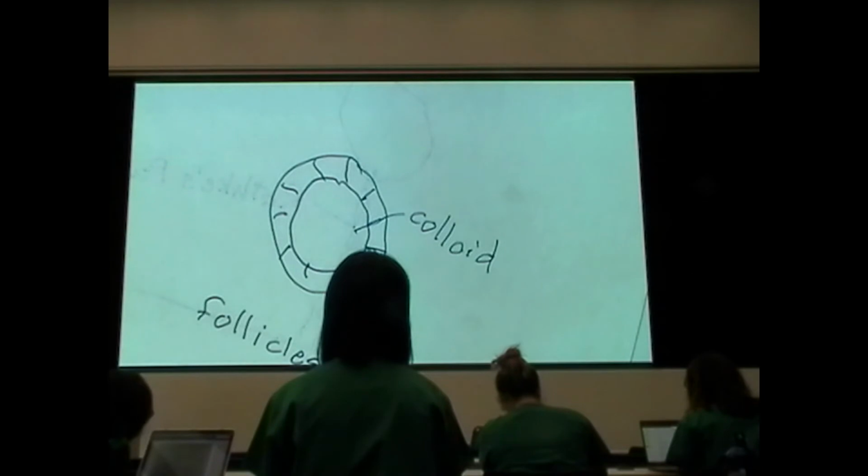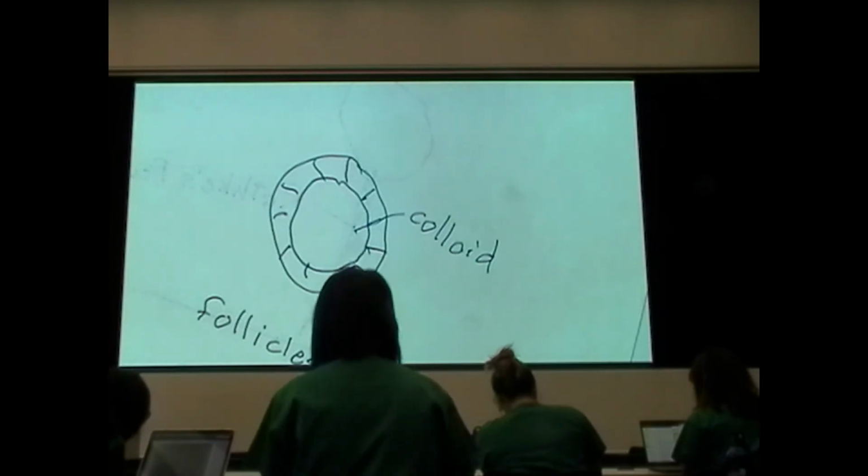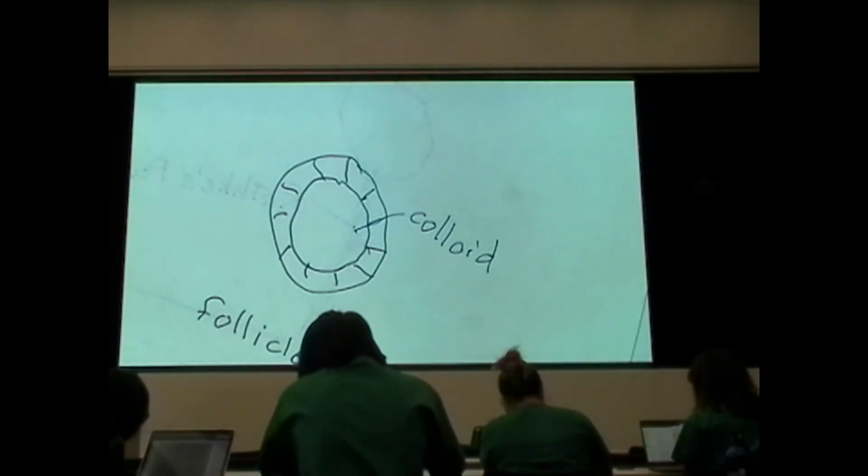Thyroglobulin is a protein that is made in the RER of the follicular cells. This thyroglobulin is packaged in granules, which are then exocytosed into the lumen of a follicle. So colloid really consists of thyroglobulin. Okay, so far so good.